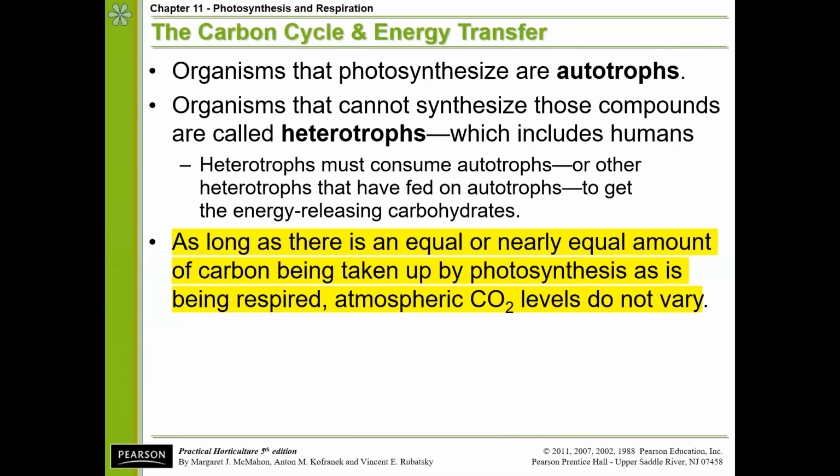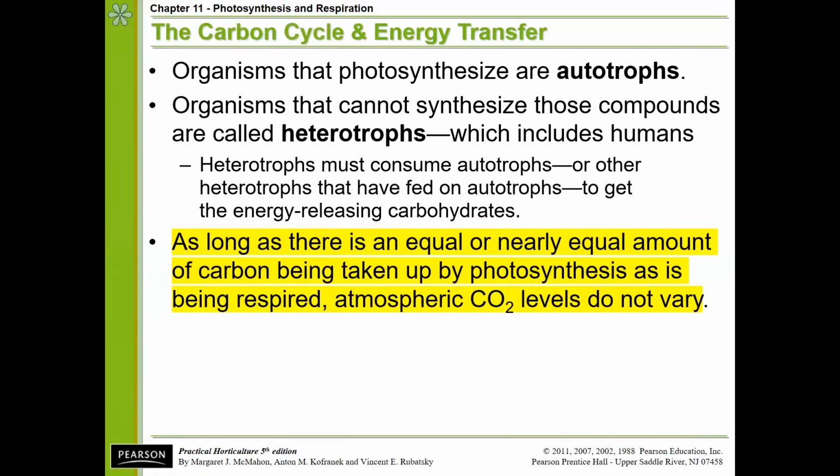So as long as we have equal or nearly equal amounts of carbon being taken up by photosynthesis by plants as what is being respired and released, our atmospheric carbon dioxide levels do not vary. Of course, we all hear about the greenhouse effect as a result of carbon dioxide being released from the combustion, often of fossil fuels.